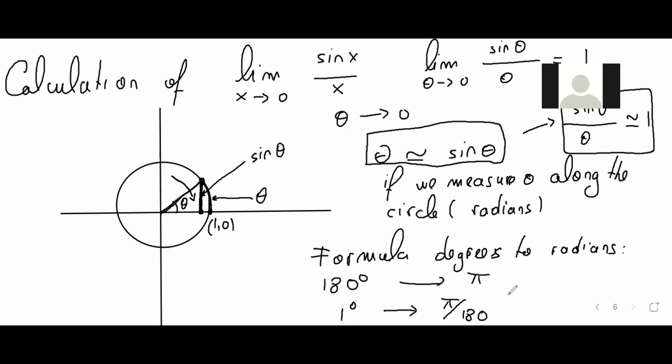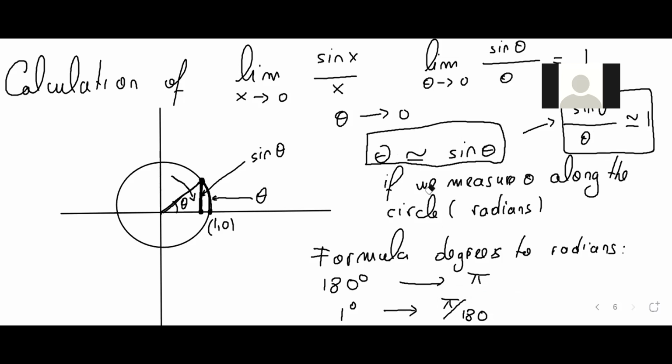If you were to substitute theta in degrees, there would be this extra factor of pi over 180 that would influence the result.